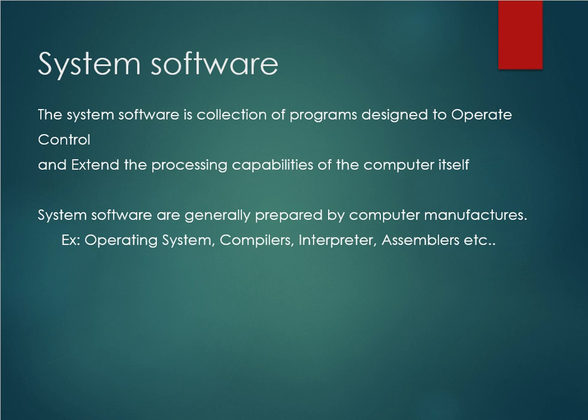We can find system software categorized under these labels: operating system, compilers, interpreters, and assemblers. These are the system software types which make this particular interface that can be used to perform any task.